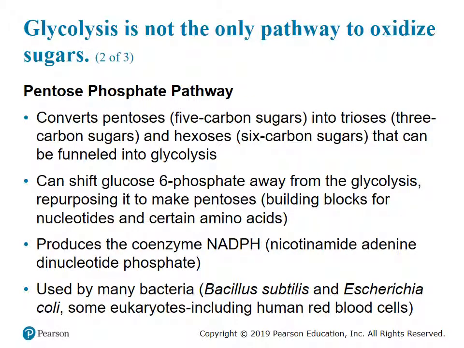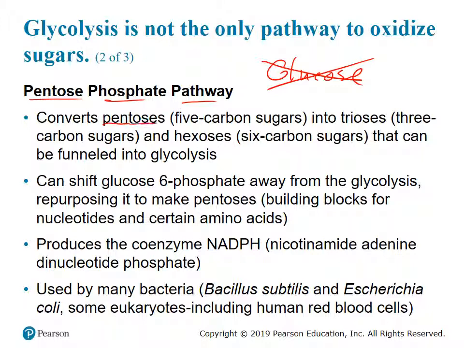This is one of the alternates. We call this the pentose phosphate pathway, right? Actually, instead of using glucose as the molecule that you want to break down, we use other types of carbohydrates.